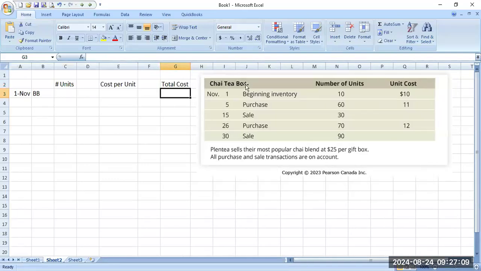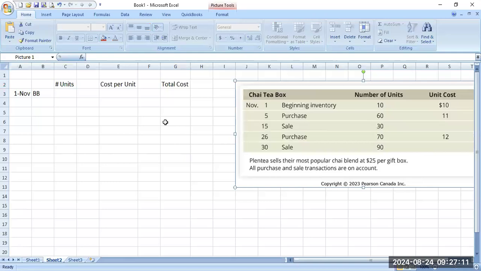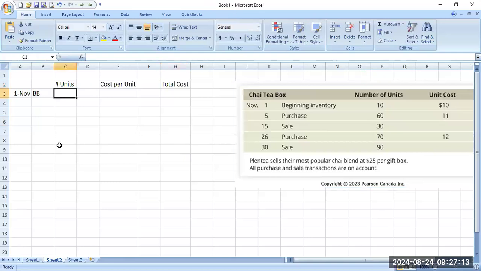Our beginning inventory showed that we have 10 units.